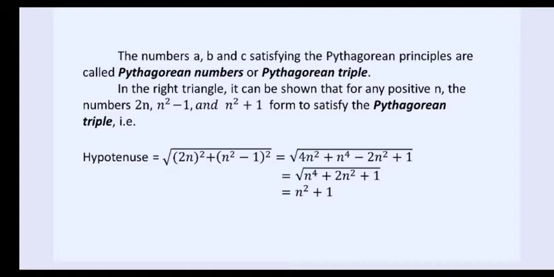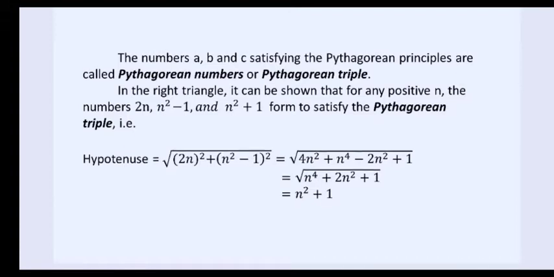In solving the hypotenuse, we have the formula: the square root of (2n) square plus the quantity (n square minus 1) raised to 2, equal to the square root of 4n square plus n raised to 4 minus 2n square plus 1. Simplifying that, we get the square root of n raised to 4 plus 2n square plus 1. And so we arrive at n square plus 1, the longest side or the hypotenuse of the triangle.